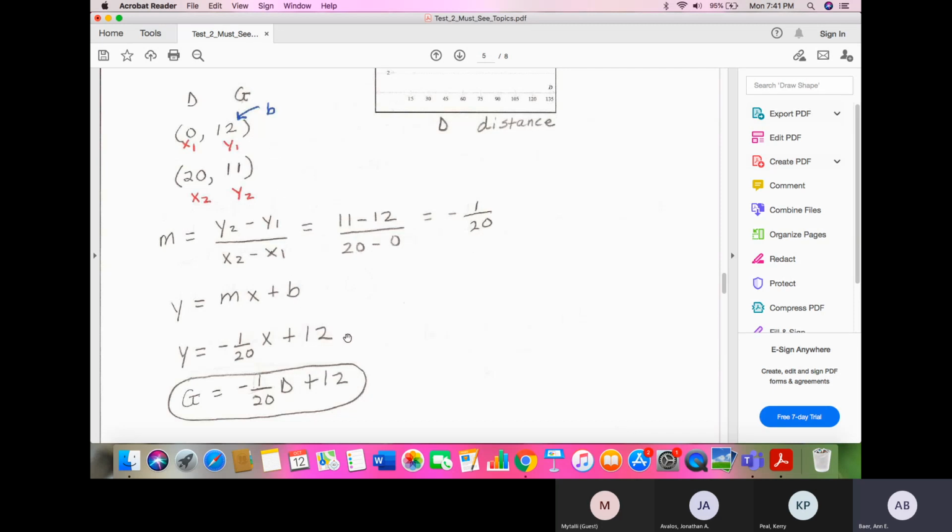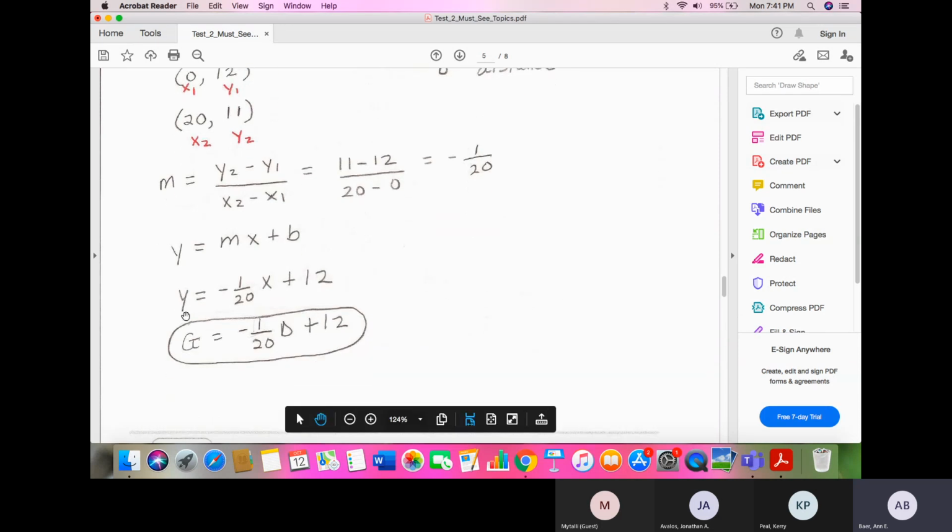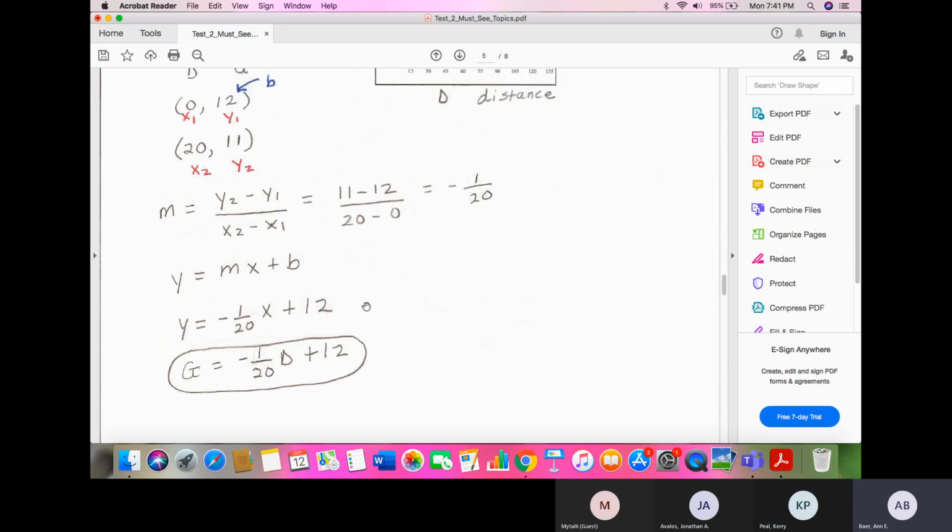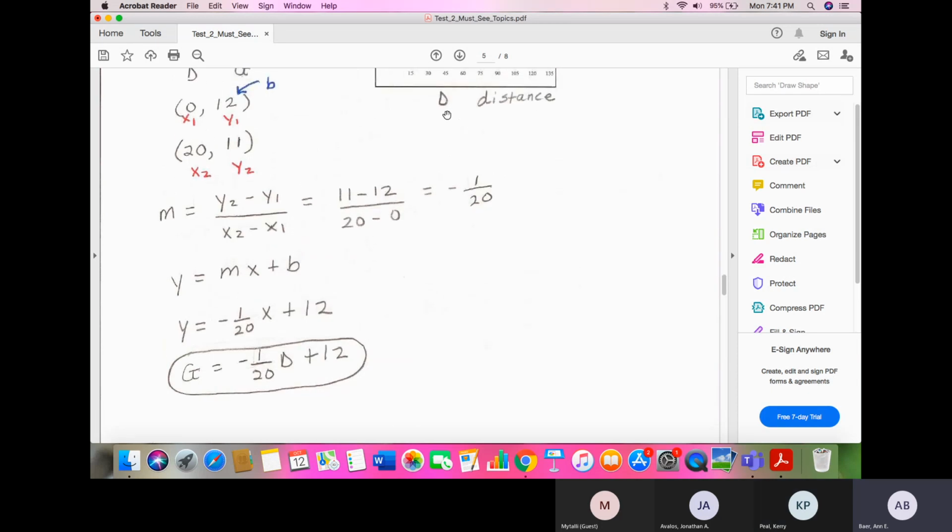Now, the only problem with typing in this answer is that it's not in the variables we were given. x and y are not the variables that we were given. It's just easier to work with x and y, I think, because we're so used to it. So we have to figure out which variables to use. D is on the x-axis.